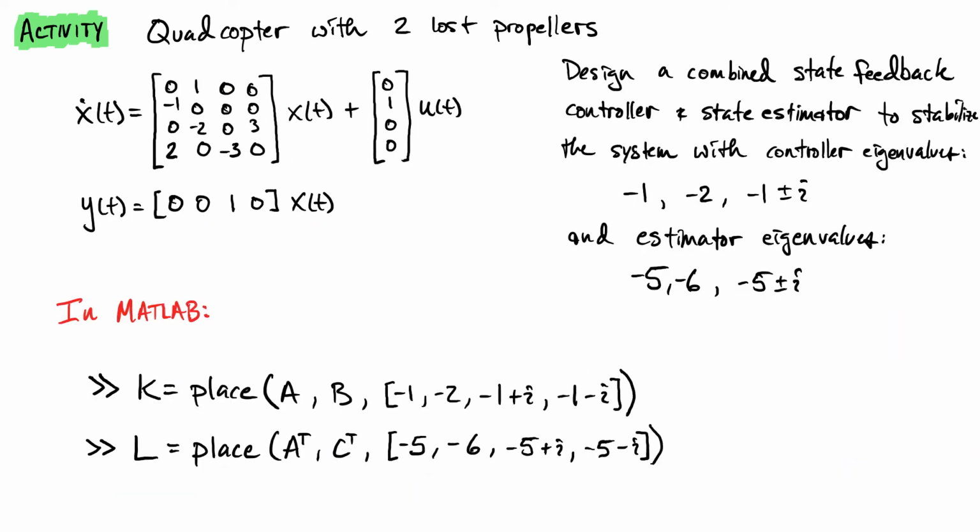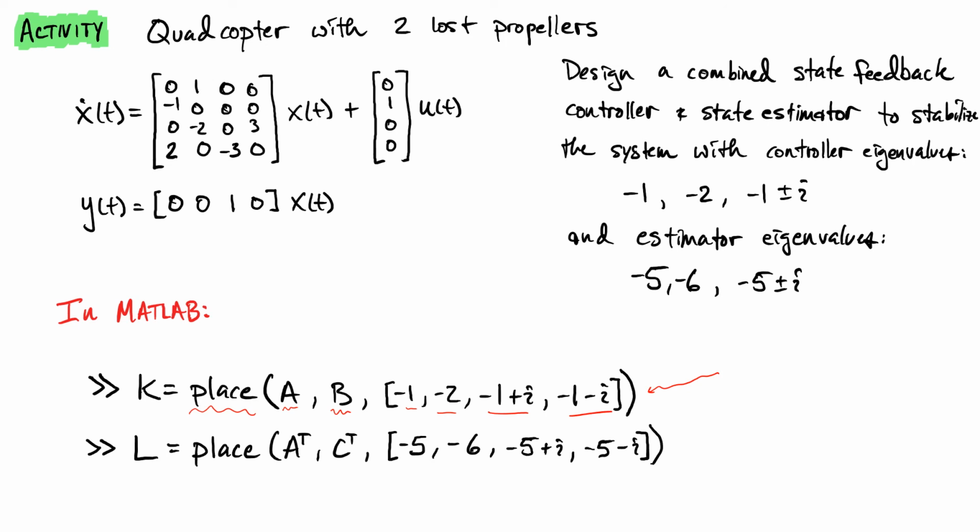You can double check these answers, or if you were working on a homework problem, you can solve this directly by using MATLAB's command called place, which places the poles. And so here you give it the A and the B matrix for the controller design problem, and then you give it the poles that you want to set your closed loop system to.